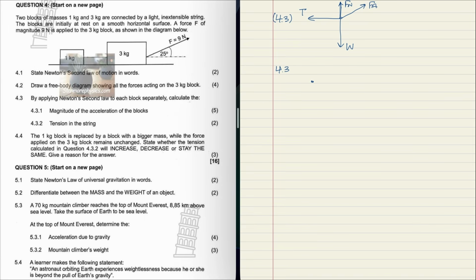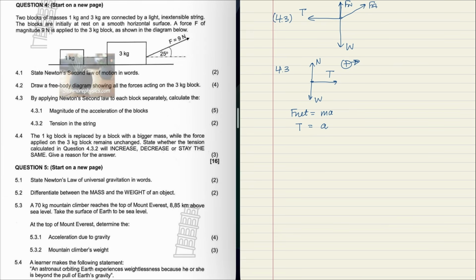So the 1 kilogram block is going to have weight, a normal force, and tension. I'm going to choose right as positive, and I'm going to apply F net equal ma. So this is simply going to be T is equal to 1 times a, which is a.